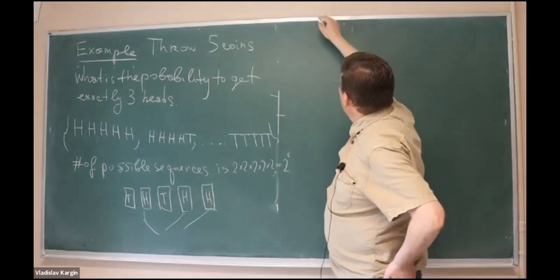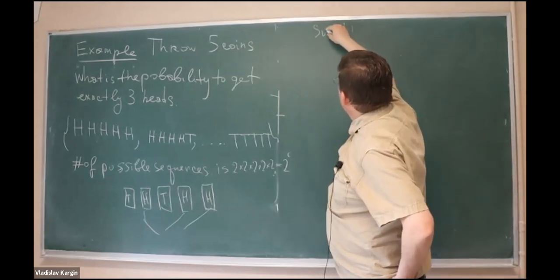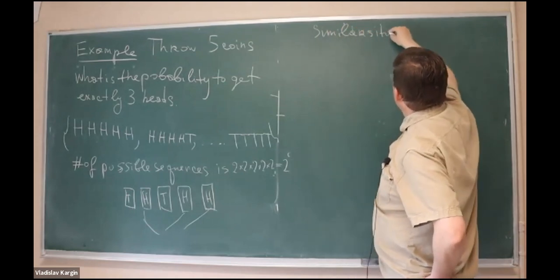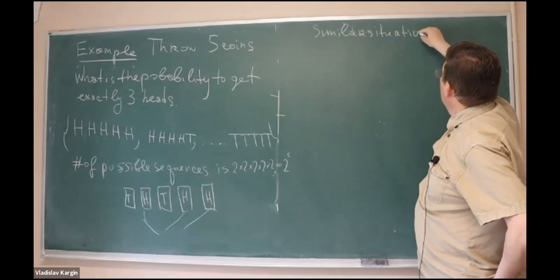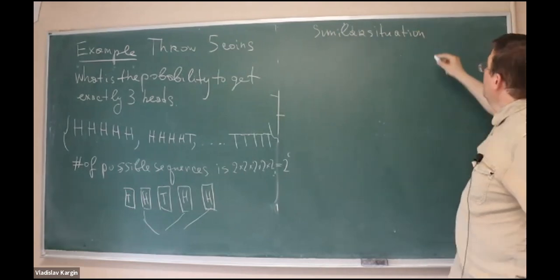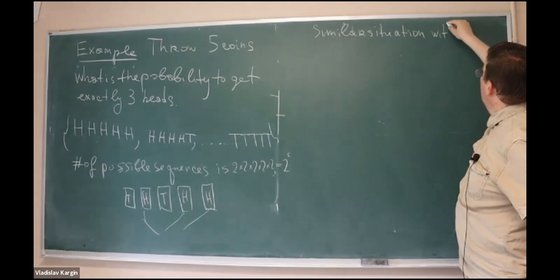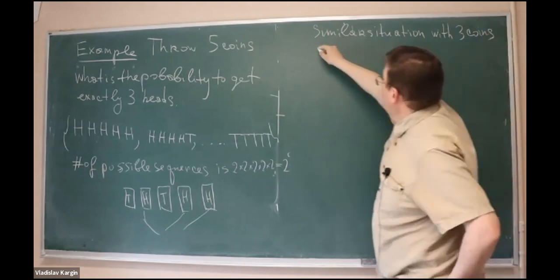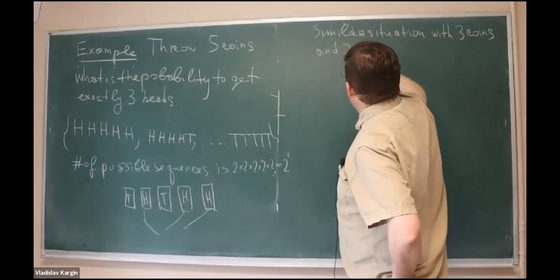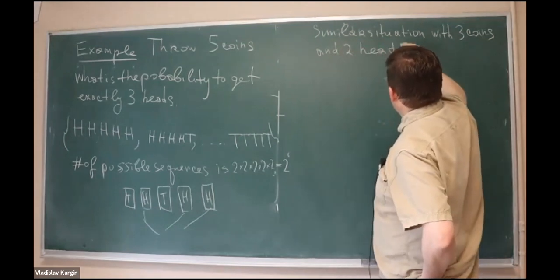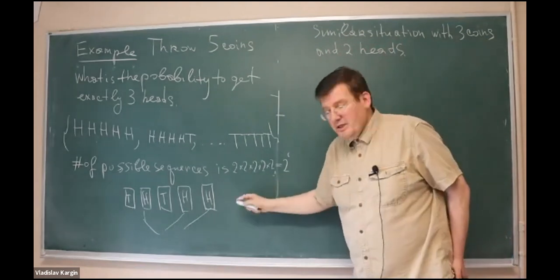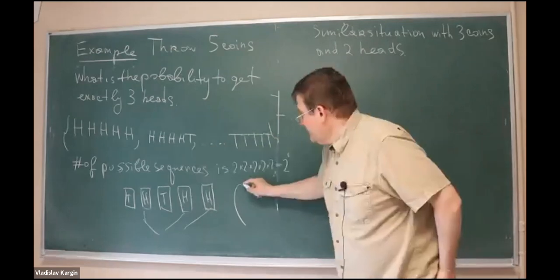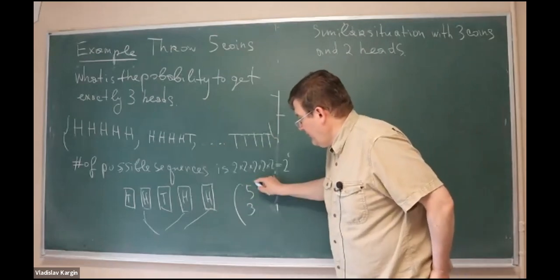So a similar situation with 3 coins and 2 heads. What I'm aiming at is to say that the number of possible sequences that have 3 heads out of 5 will be given by the same kind of count.